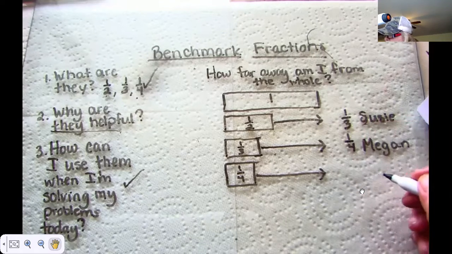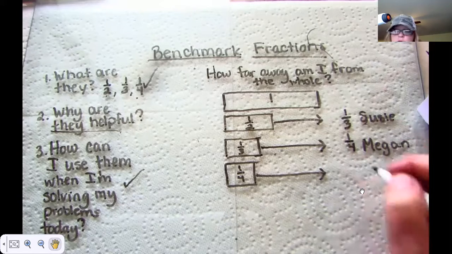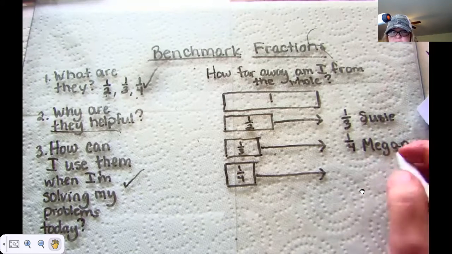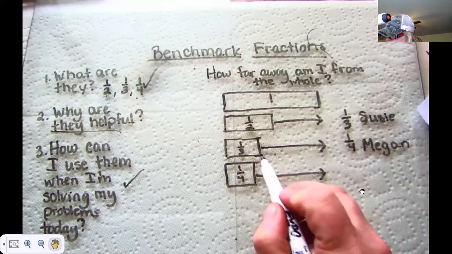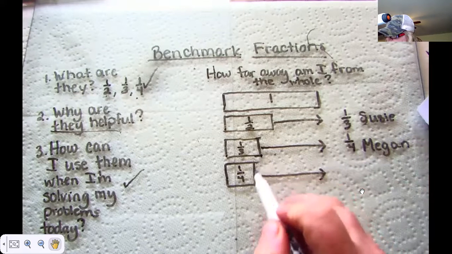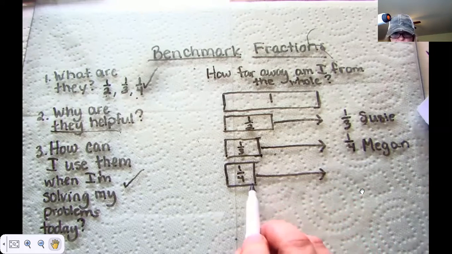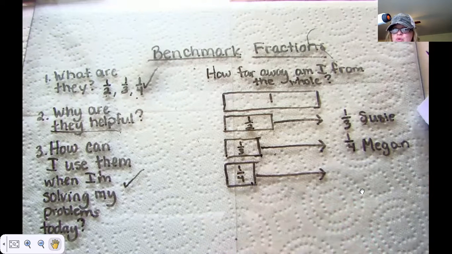Who has to run further? If Susie's run 1/3 and Megan's run 1/4 of a mile, who has more to run to get to their mile? Who has to run more?